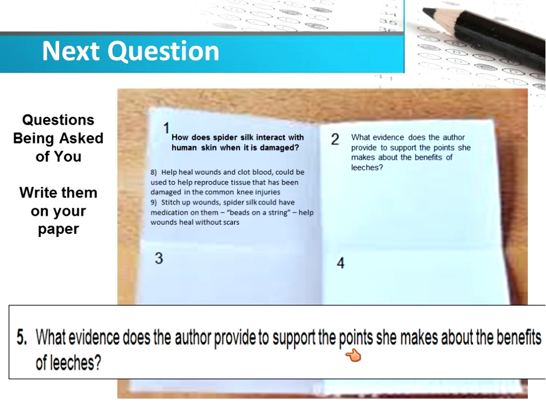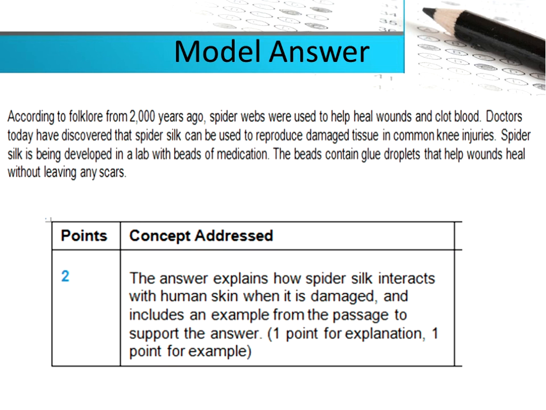Oh, and Bernie, thank you for your question. It says, I'm missing something. The question asks about interaction with human skin, while the text only refers to human tissue, as I recall. That would be an inference, where the student would need to know what an inference is and be able to read deeper than what the question is asking.